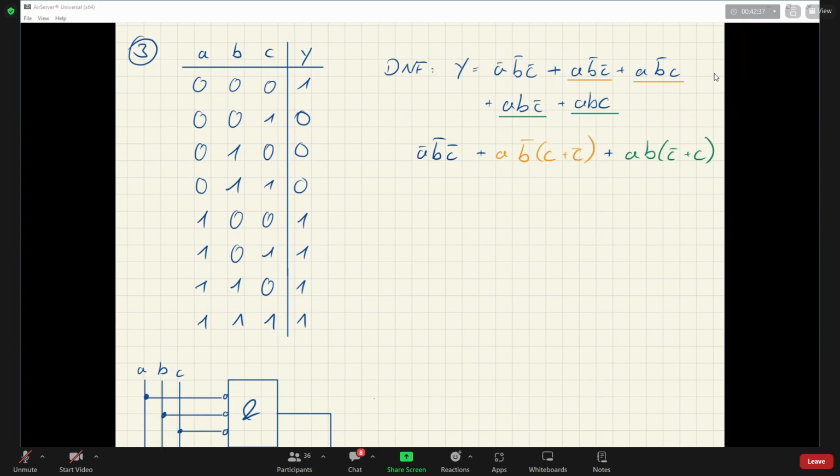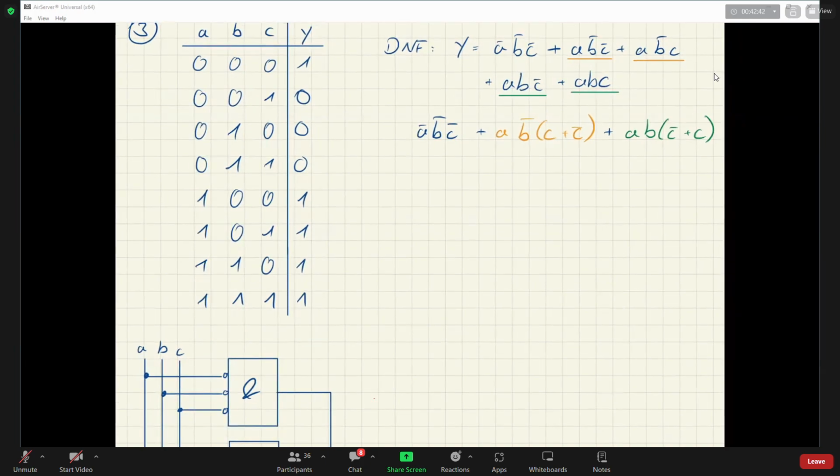And now we can further simplify that. So what we have here now is A naught, B naught, C naught, or A, B naught, or A, B. And now we can combine these two together.